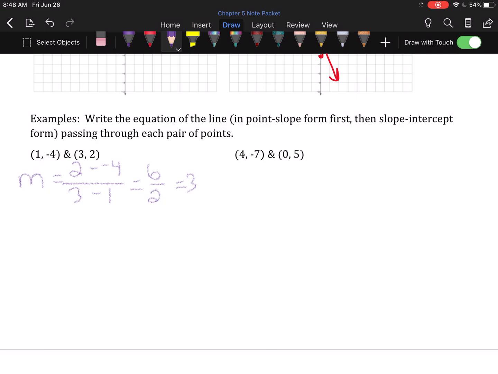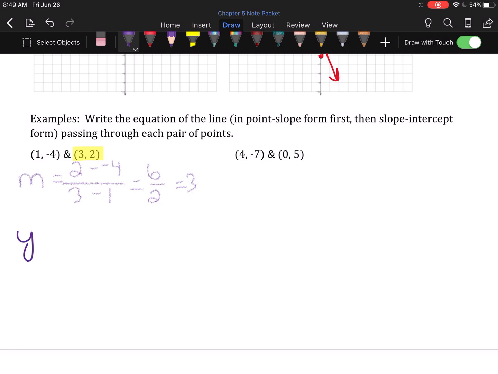Okay. Point-slope form. We now have the slope, and we've got a choice of 2 points. That means there are 2 possible point-slope forms here, and I don't care which one you go with. I'm going to use the second ordered pair, only because they're both positive, which makes my life a little bit easier.